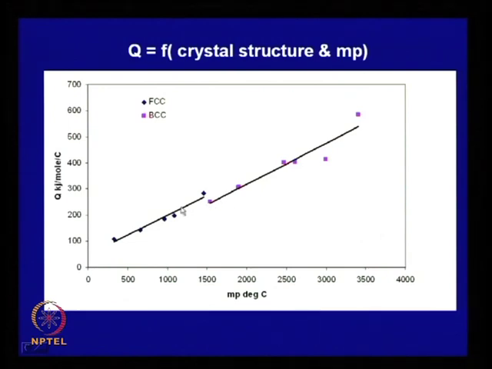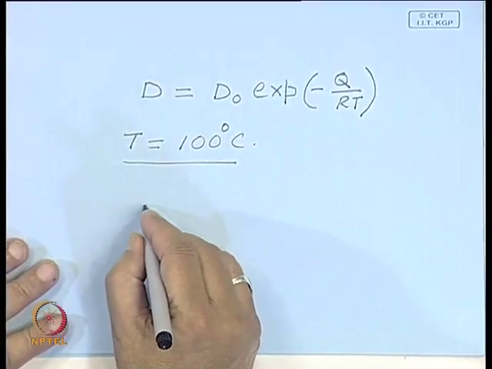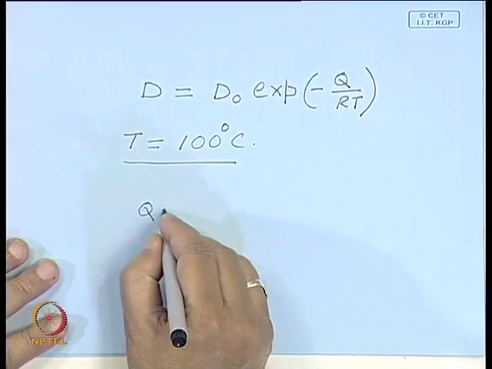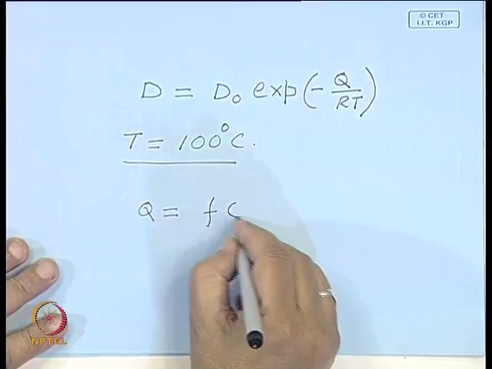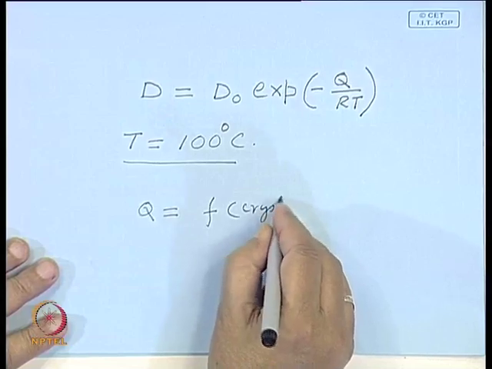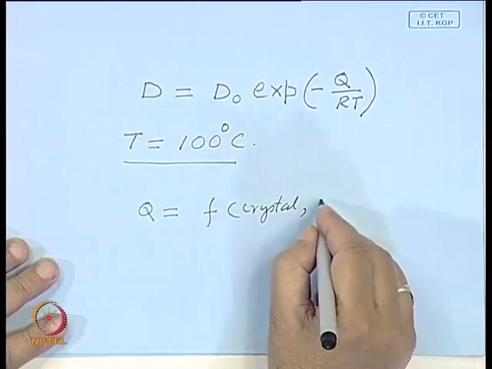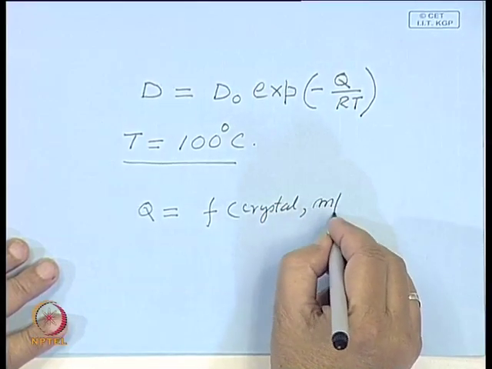You can try and estimate this and verify. In the same way, we have just seen that activation energy depends on crystal structure, and it also depends on melting point.